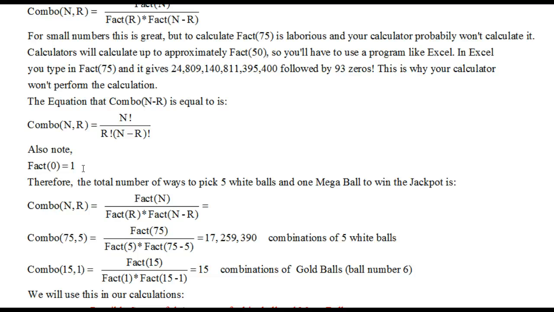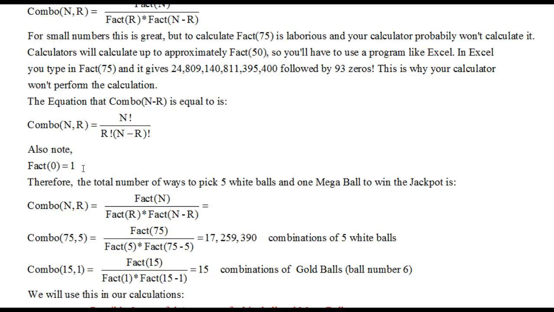Therefore, the total number of ways to pick 5 white balls and 1 mega ball to win the jackpot is combo n, comma r, equal to our equation. And I use fact, I didn't use the symbol, factorial. Okay. So n is 75. n is the number of balls we have.